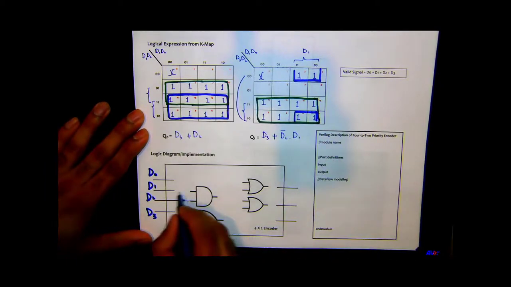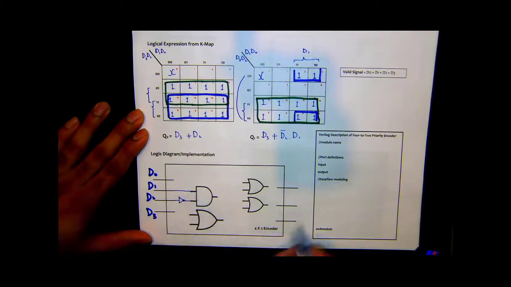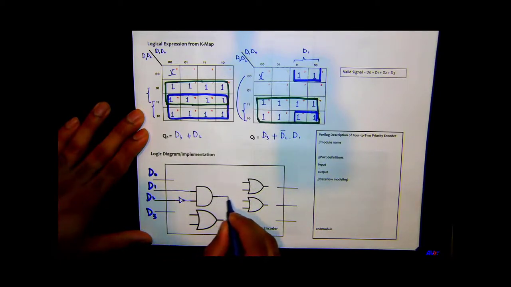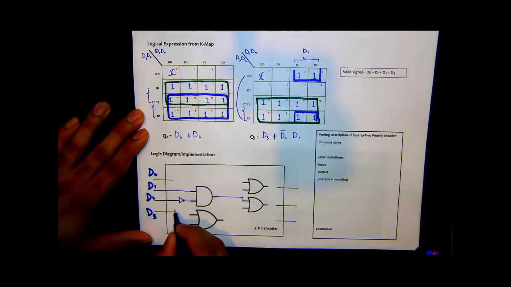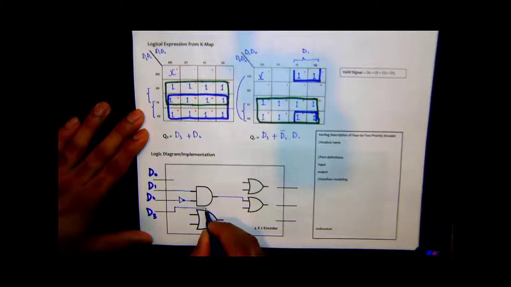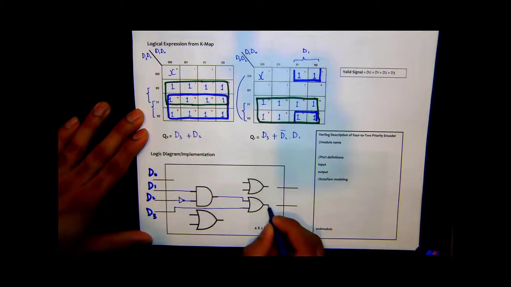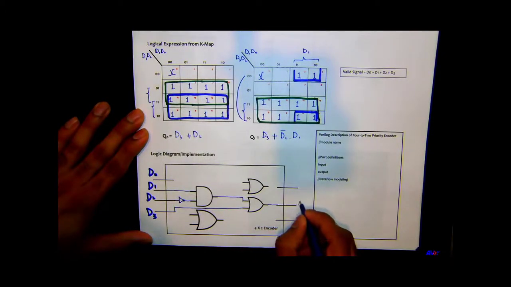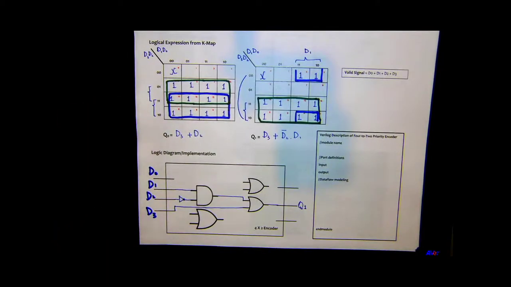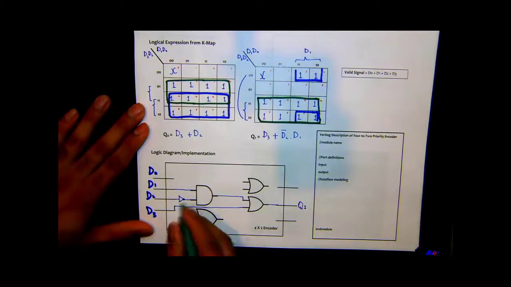And then D1 goes in here, and the D3 goes through this OR gate, so I can just connect this here. So this would be my Q1. Okay. For Q0, I got D3 plus D2.